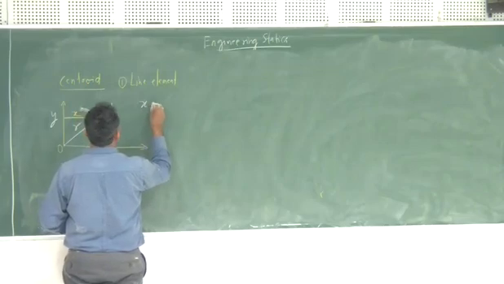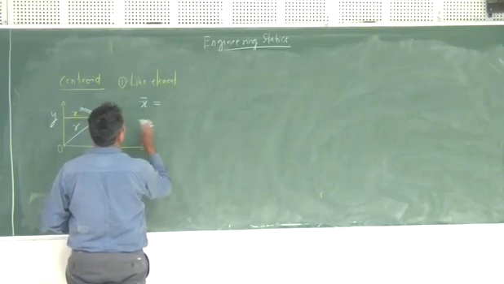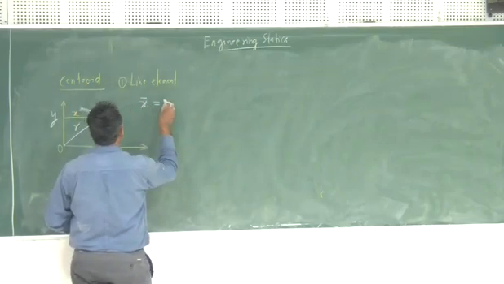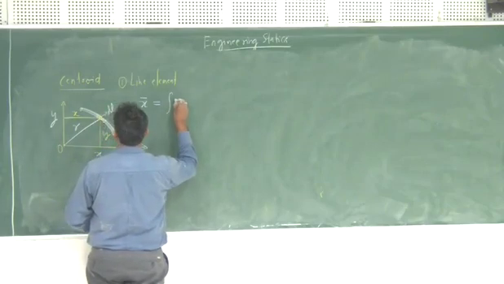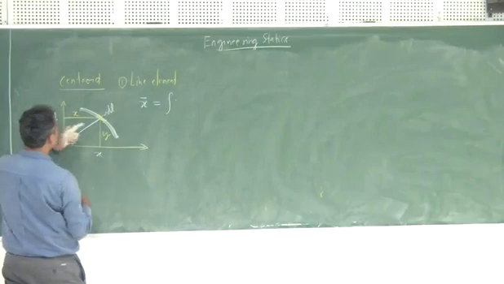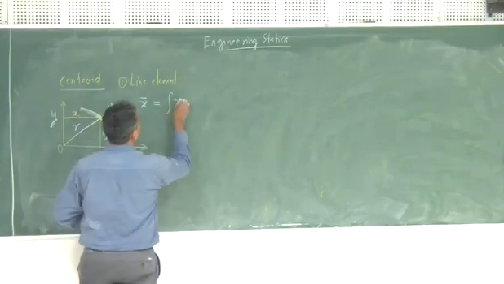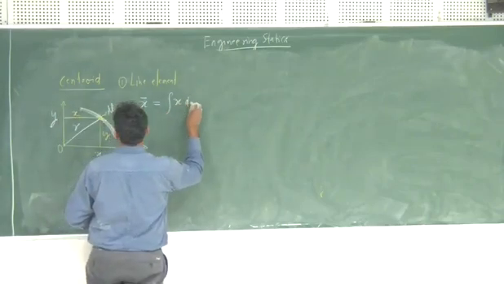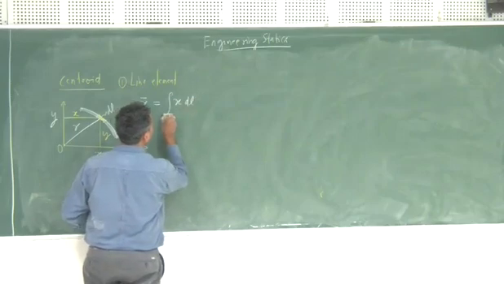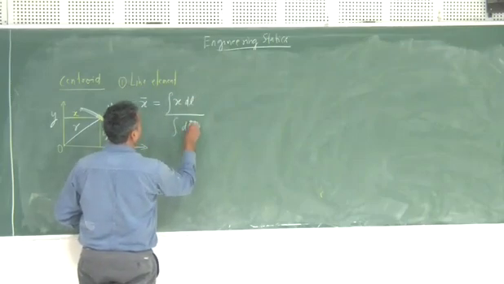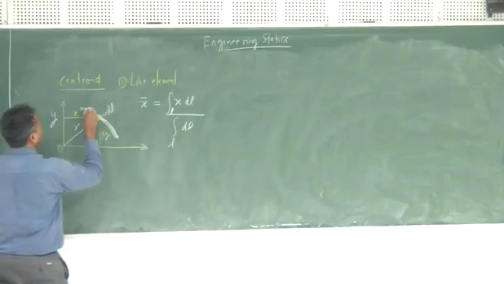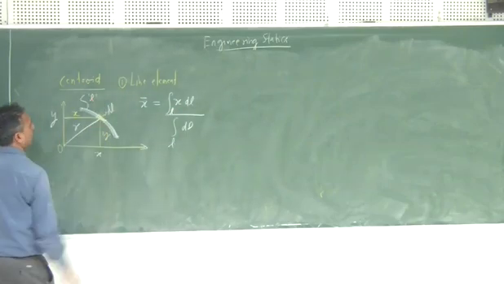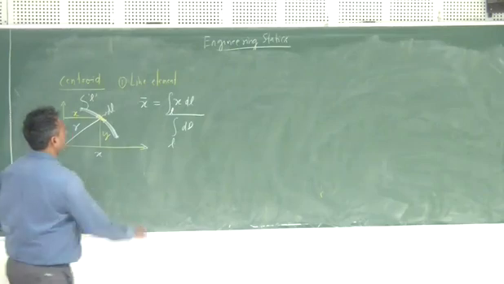X bar, which is given by the integral of x times dL over the whole length L, where L is the total length.